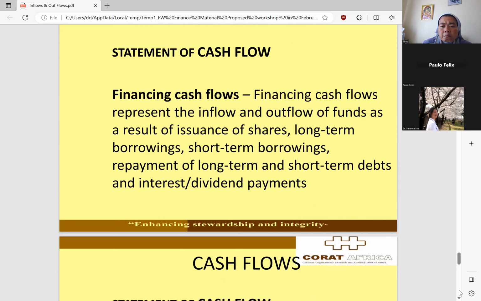The financing cash flows represent the inflow and outflows of funds as a result of issuance of shares, long-term borrowings, short-term borrowings, repayment of long-term and short-term debts, and interest and dividend payments.